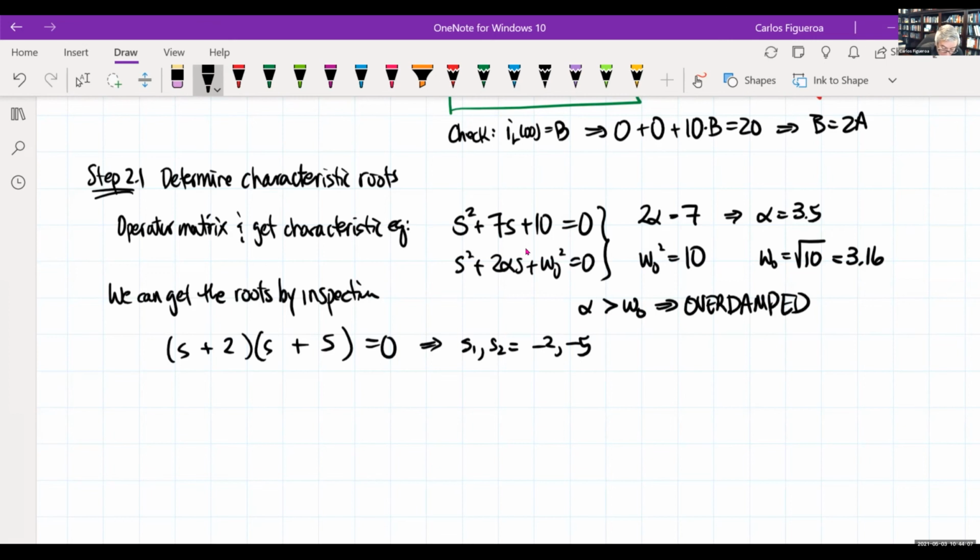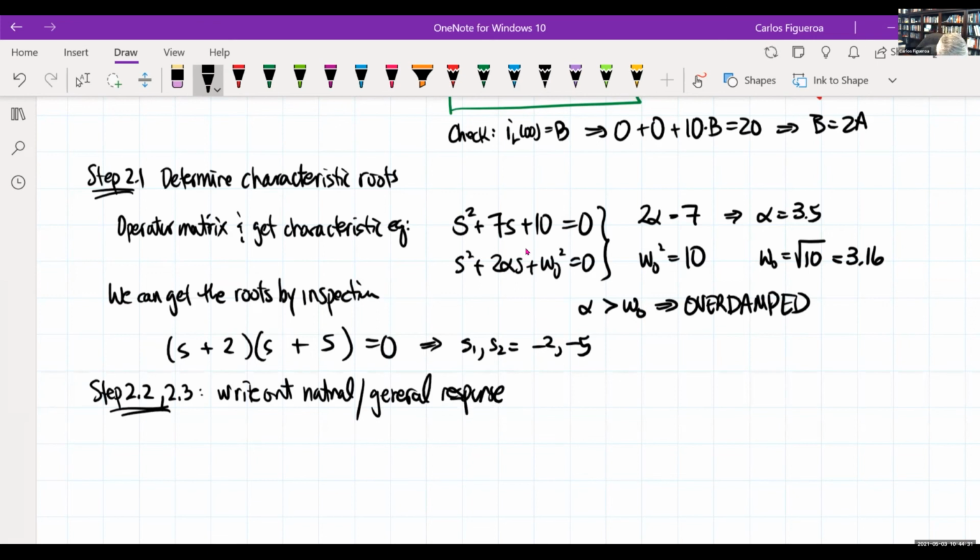So now if I go to step 2, typically I just write step 2 and step 3, but in the beginning I just wanted to do this. That means write out the natural and general response. So in this case, for the inductor, I need the natural response, and I also need the forced response from step 1.